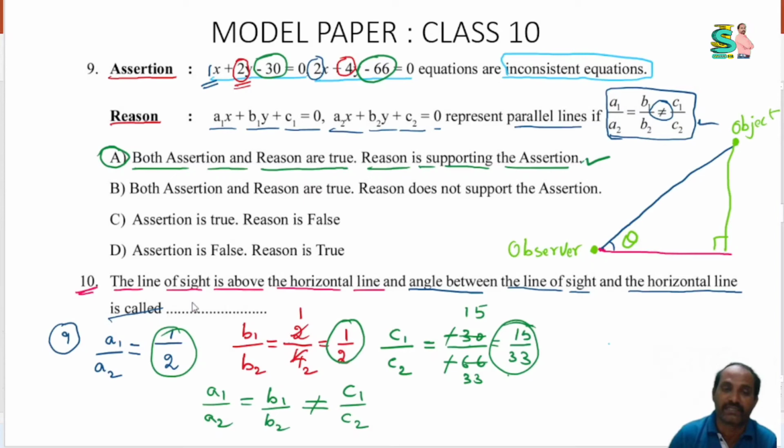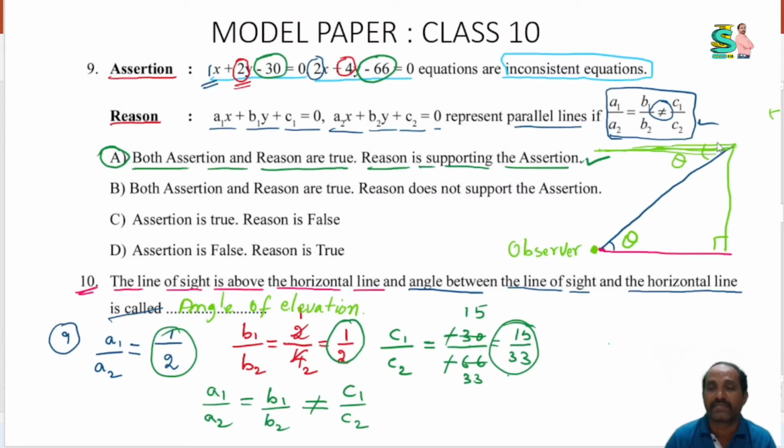Angle of elevation. This answer is angle of elevation. Is it understood? If it is depression, it means the person is standing on top of the tower or building. That one is angle of depression, but the one given here is angle of elevation.